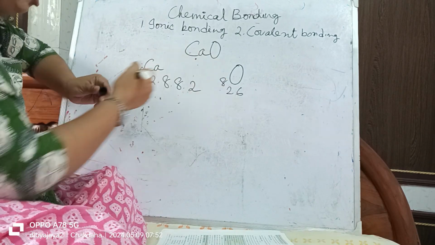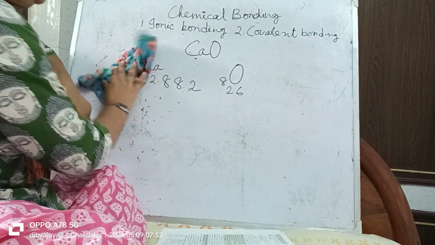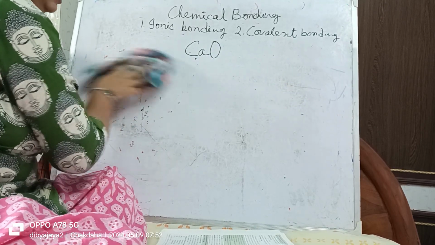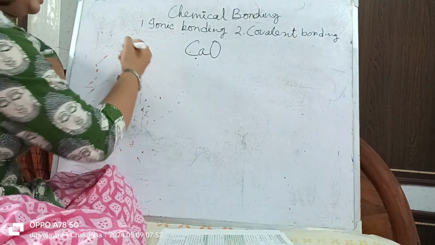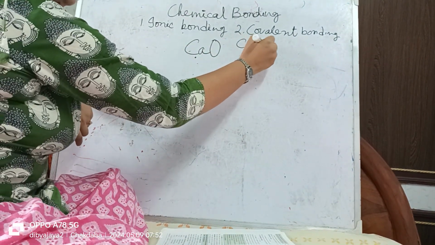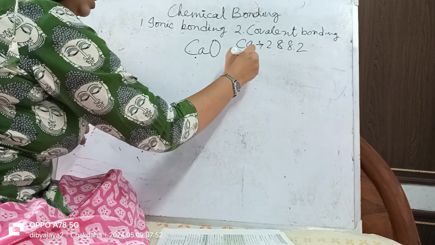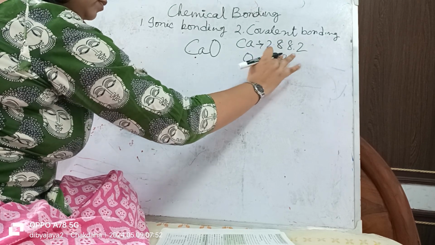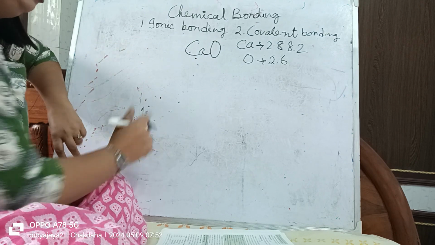Generally we will not draw like this. In your book one formation is there, another one is the electron dot structure. Suppose calcium is 2, 8, 8, 2 and oxygen is 2, 6. We will just draw the valence electrons.